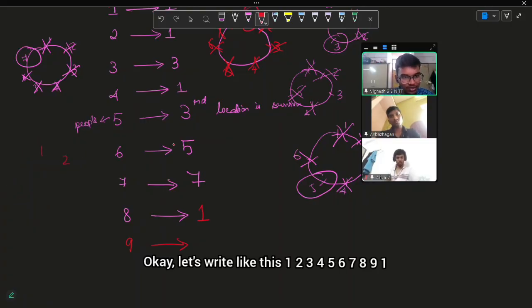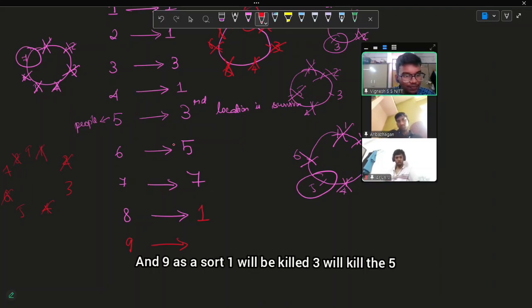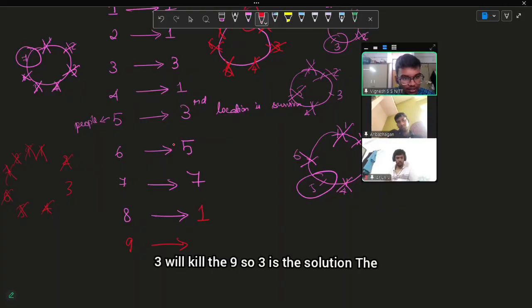Let's write like this: 1, 2, 3, 4, 5, 6, 7, 8, 9. 1 has a sword, so 2, 4, 6, 8 will be killed. And 9 has a sword, 1 will be killed, 3 will kill 5, 7 will kill 9, 3 will kill 9, so 3 is the solution.